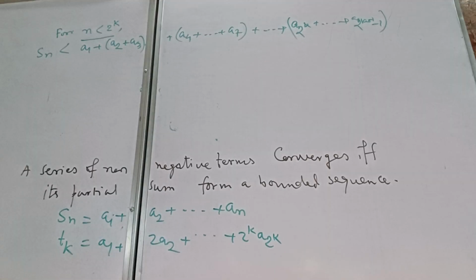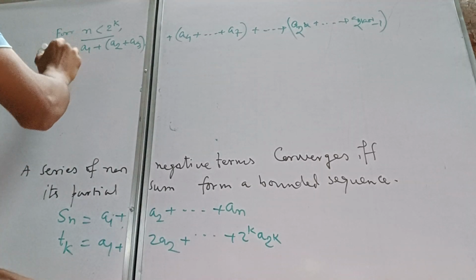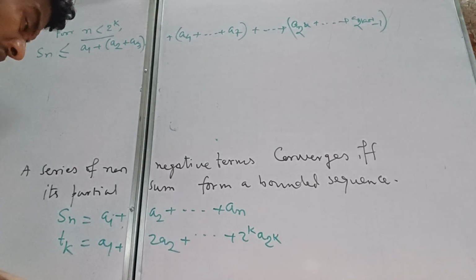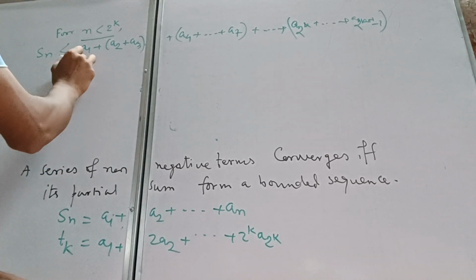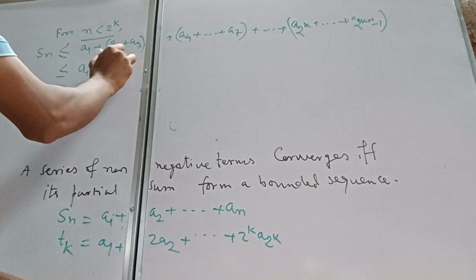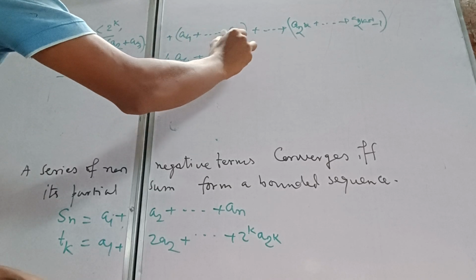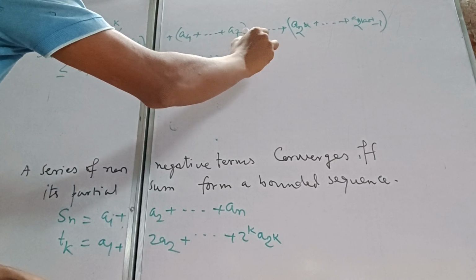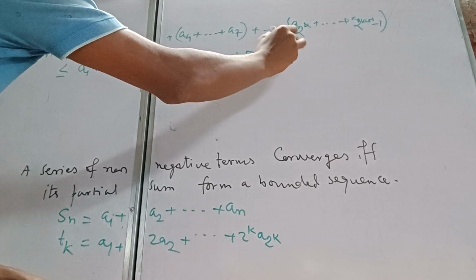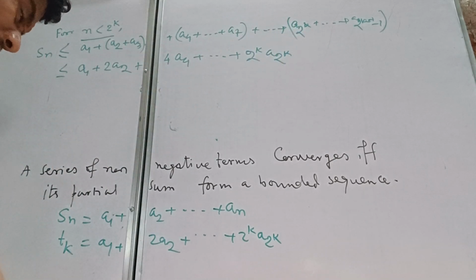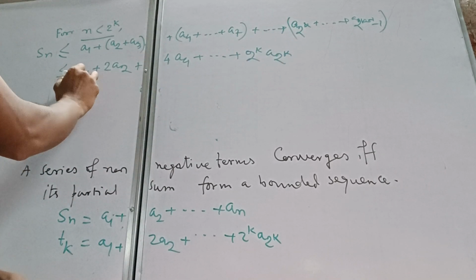Then what do we obtain? We obtain this one less than or equal to a1 plus 2a2 plus 4a4 plus dot dot dot plus 2 to the power k a_(2^k). Then this one equals tk.